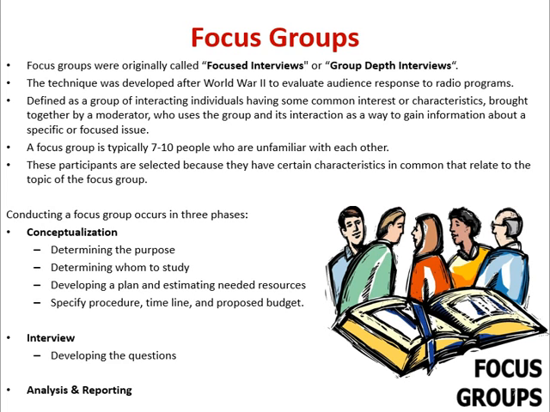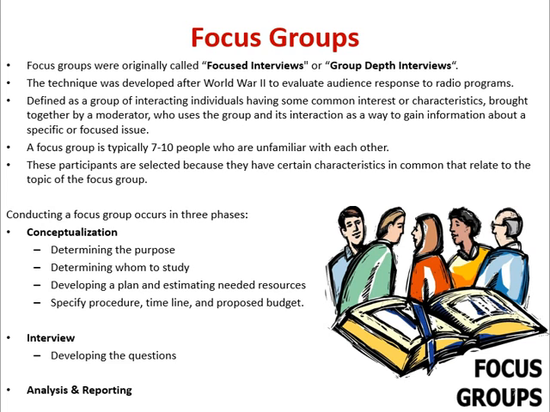So it is defined as a group of interacting individuals having some common interests or characteristics, brought together by a moderator. The moderator is the speaker, or the Agile coach or Scrum Master in Agile, who uses the group and its interaction as a way to gain information about a specific or focused issue. This group typically includes 7 to 10 people who are unfamiliar with each other.